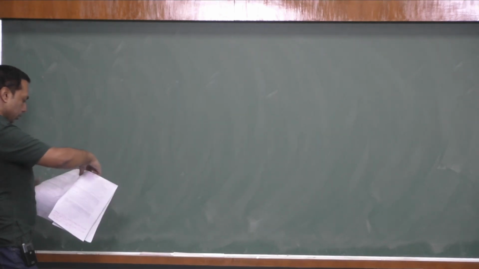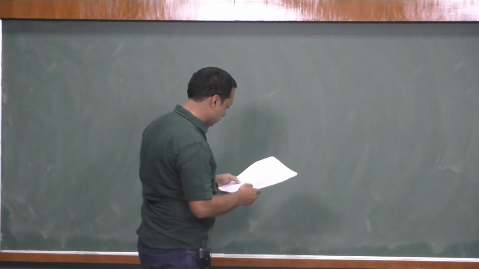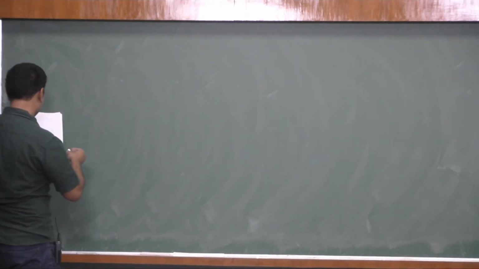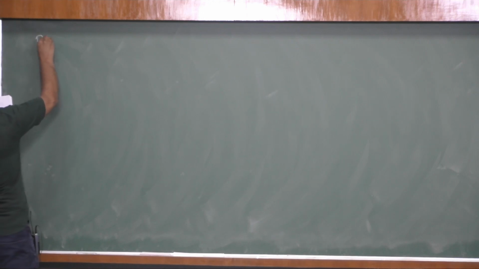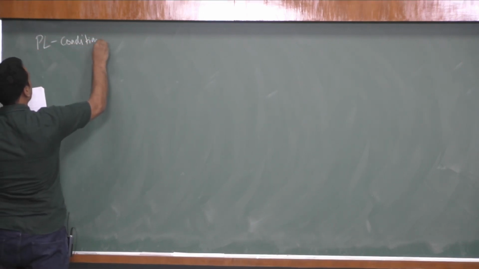So we proved some convergence result for gradient descent, and we proved results like this for the PL condition. Let's say PL is a little bit more generic than convexity.